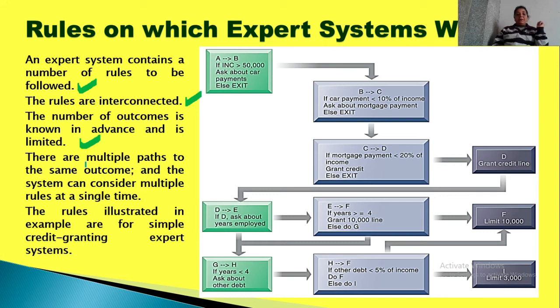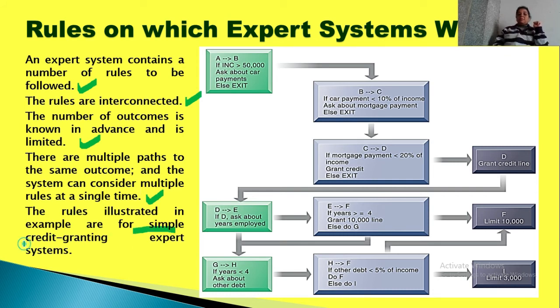There are multiple paths to the same outcome and the system can consider multiple rules at a single time. There is no such condition that only one path or one condition can be followed. At a particular moment, multiple conditions, multiple rules and multiple paths can be followed in the expert system to come to the final outcome.